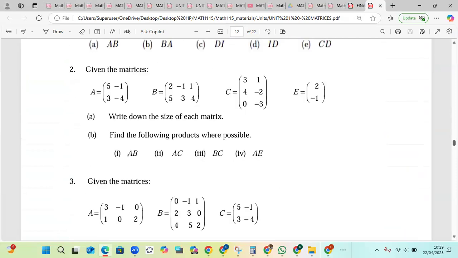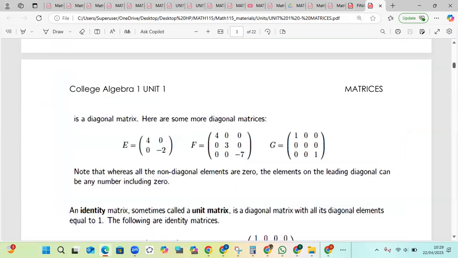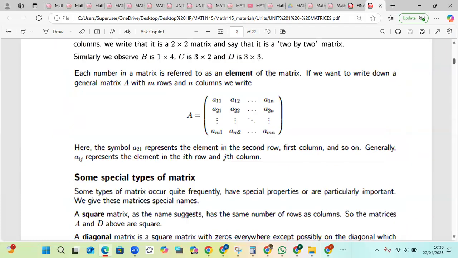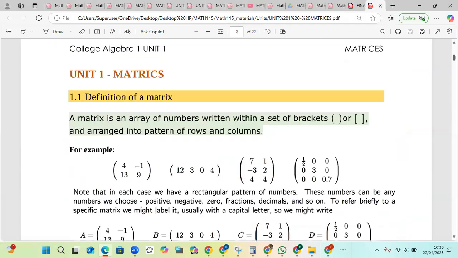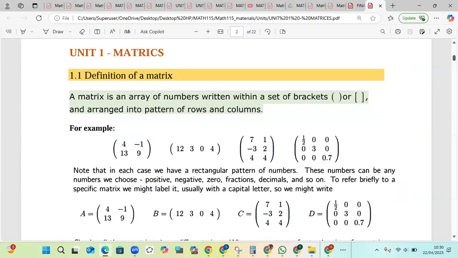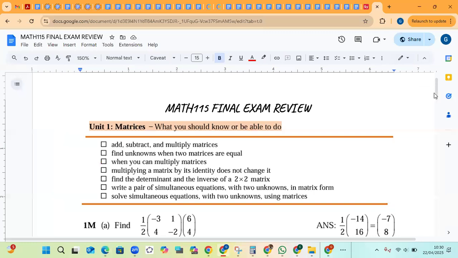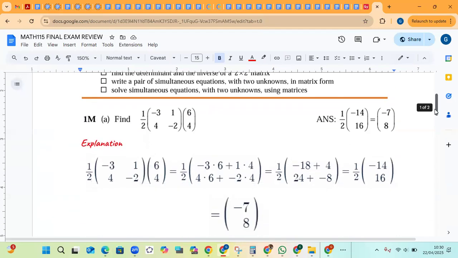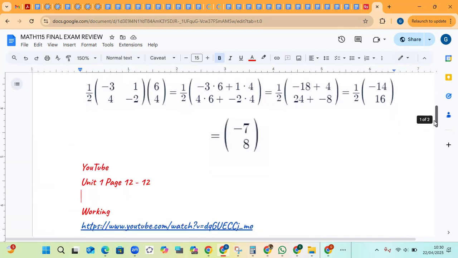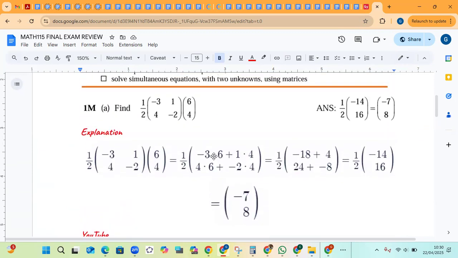So you can use this unit from number 2 to number 12 to further strengthen your understanding of how to answer such a question. And that's where it was done, and here's the video I created of how to do it.